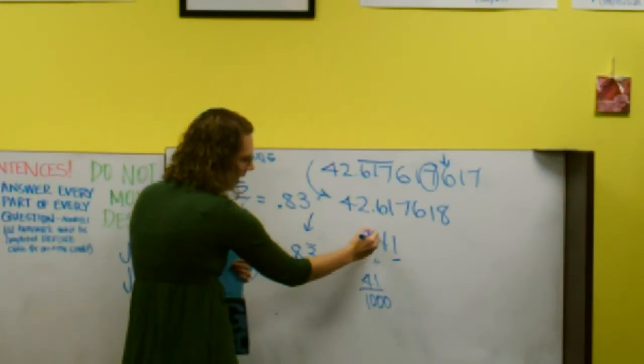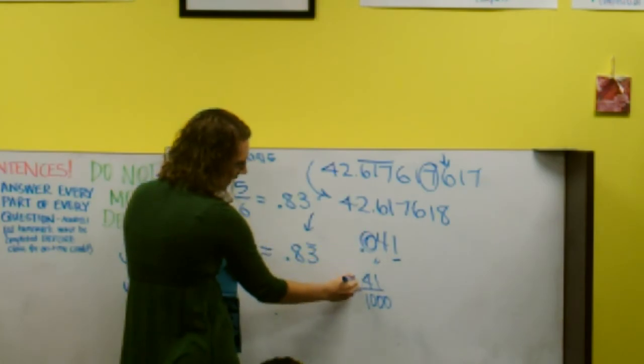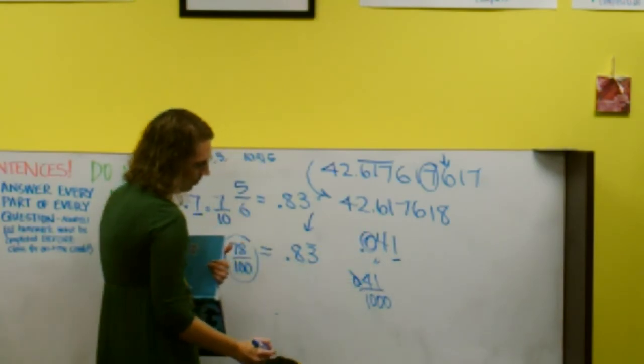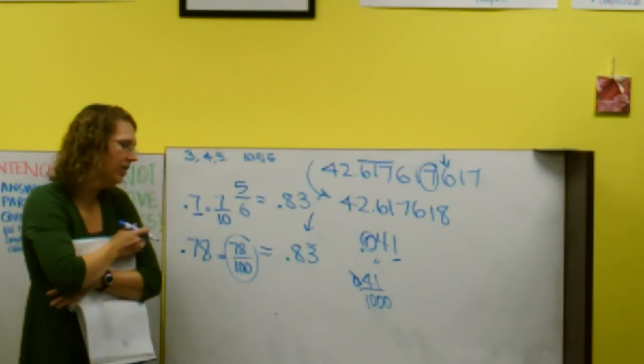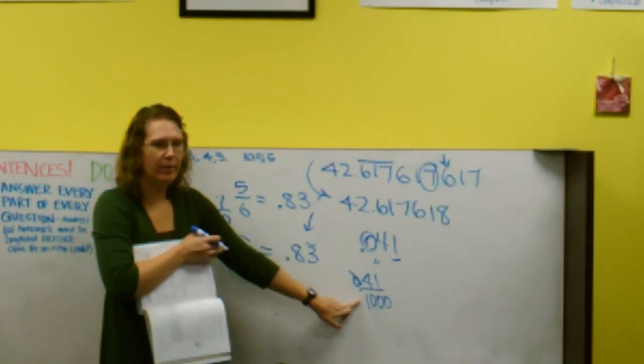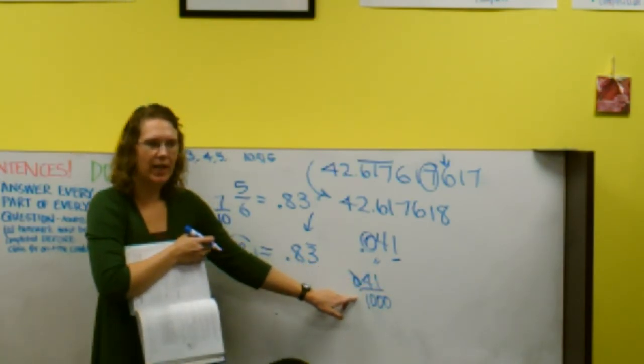Good. This 0 is kind of like when we were writing the numbers. We don't have to include it over here. It's just kind of invisible. But 41 over 1,000. And 41 is prime, so this cannot be reduced. So this is the simplest form that this fraction can be in.